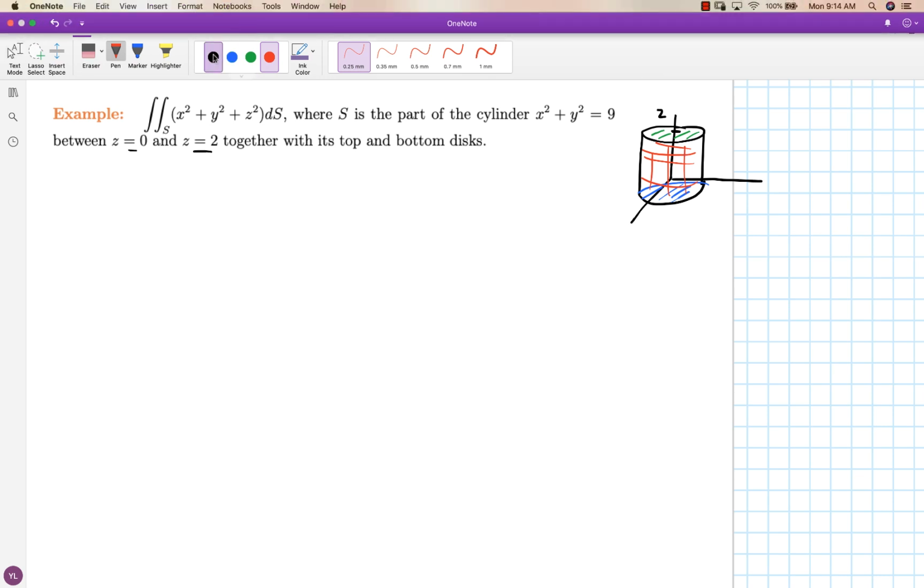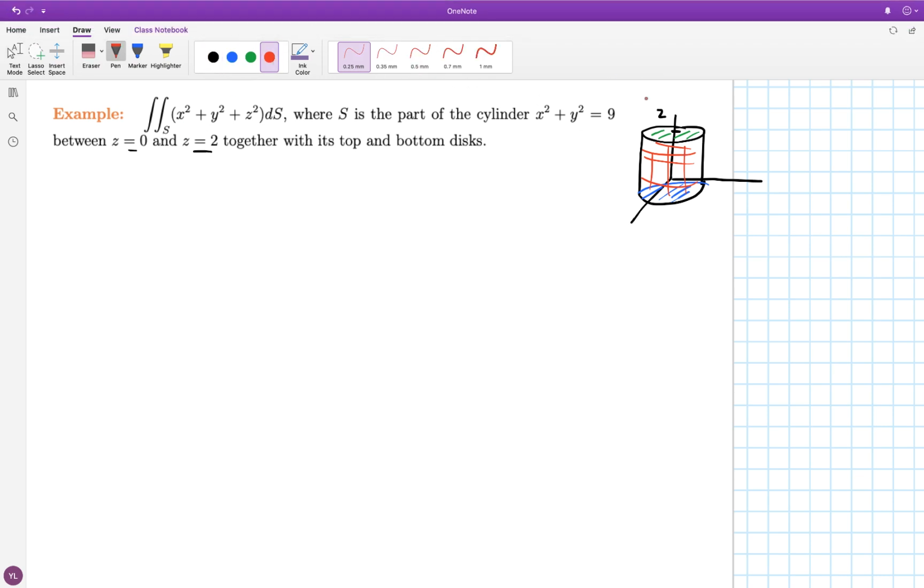So there's clearly three parts to the surface, and the surface integral is going to break up into three separate surface integrals. So I'm going to call the sides of the can S1, the bottom S2, and the top S3. And just observe that I have Cartesian formulas for each of those surfaces. The side of the can is this cylinder, and then think about what S2 and S3 would be formulaically. S2 is the xy plane, that's z equals 0, and S3 is the plane z equals 2.